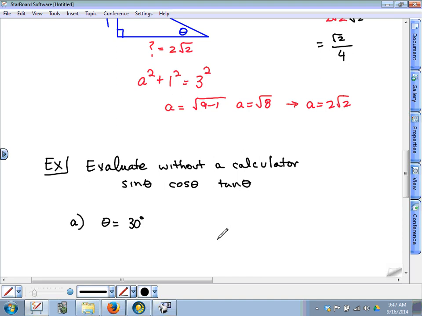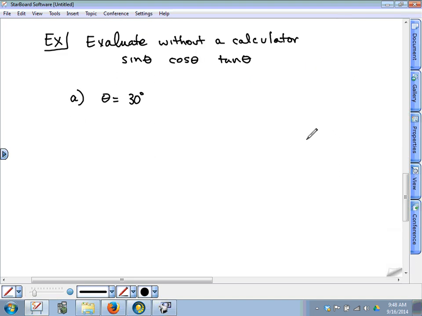Do you remember how you did this last year in pre-calc? Those triangles that were nice. We could use the special triangles. We're trying to find the sine, cosine, and tangent of 30 degrees without a calculator. We can use the unit circle.